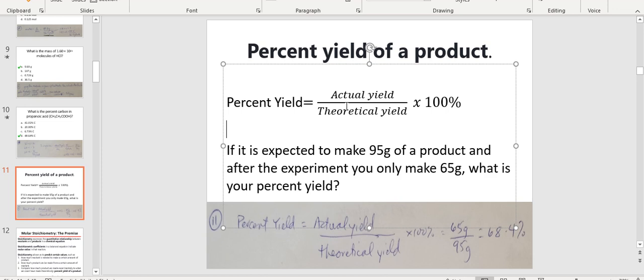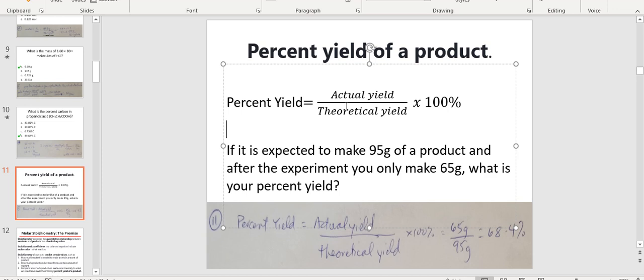If you look at the example here, if it is expected to make 95 grams of a product, that's your 100%. If a perfect being was doing this experiment, they would have made 95 grams of it.